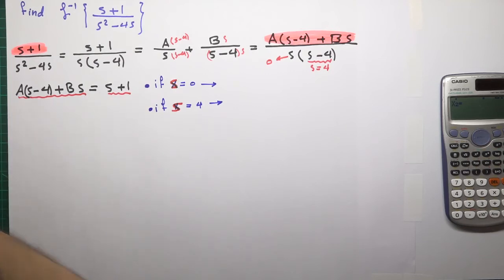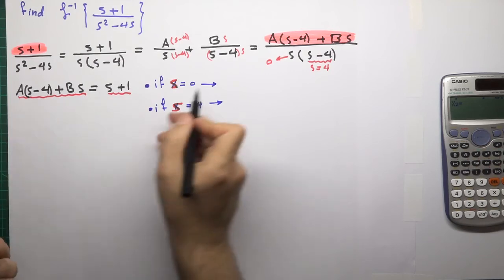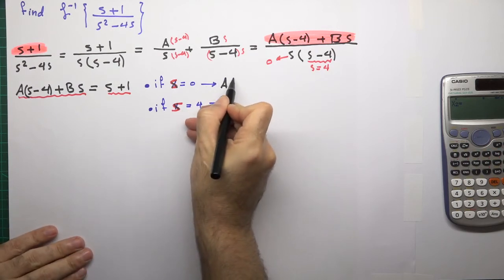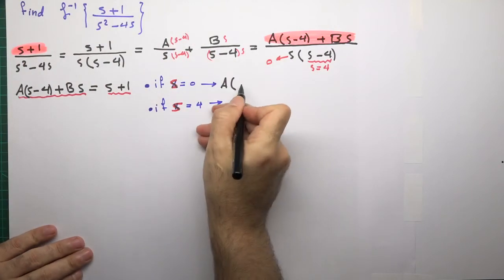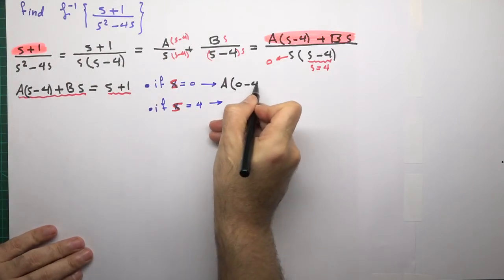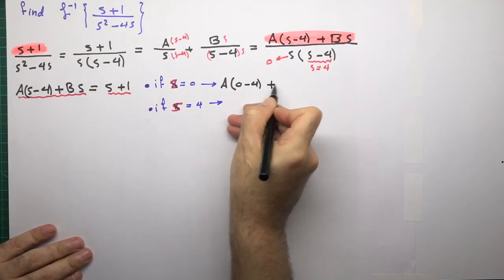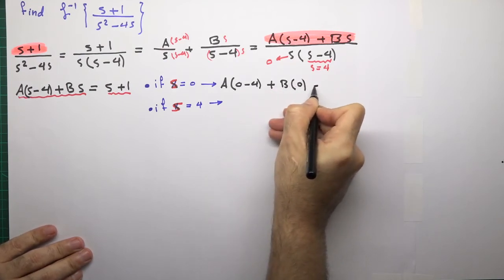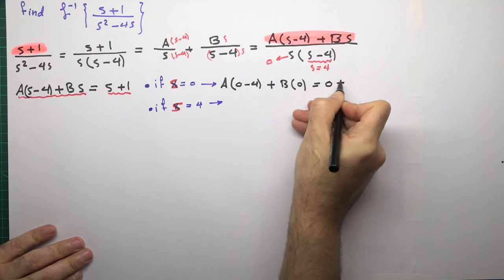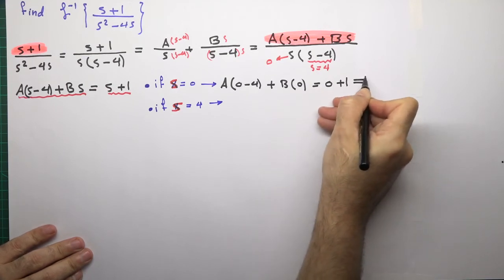I will start with 0. It will be A times 0 minus 4, plus B times 0, equals 0 plus 1.